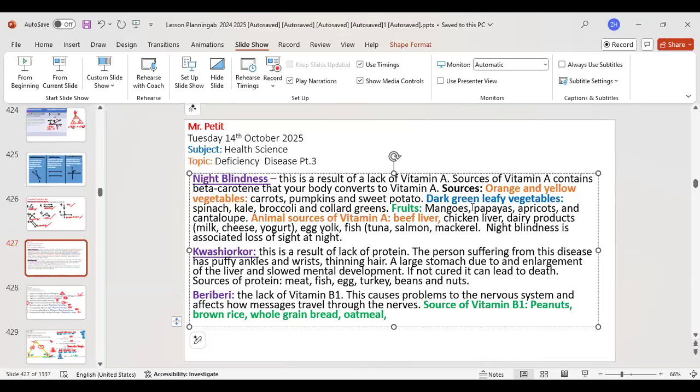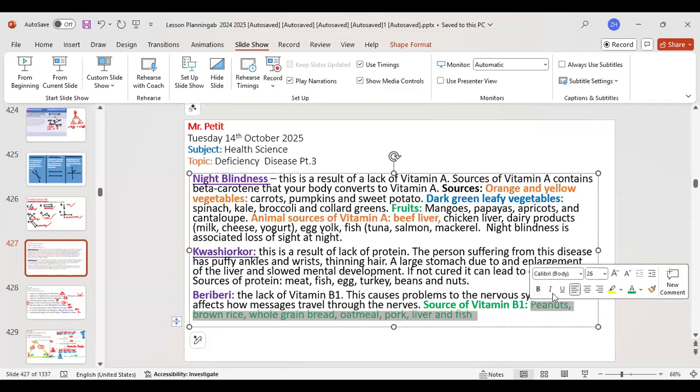You could also find it in sometimes fortified breakfast cereals. Basically, you're looking at the whole grains, right? You also find it in pork, liver, and fish. Those are your sources of vitamin B1.